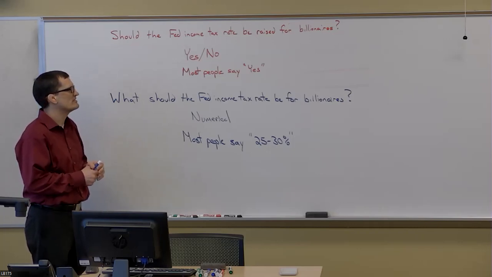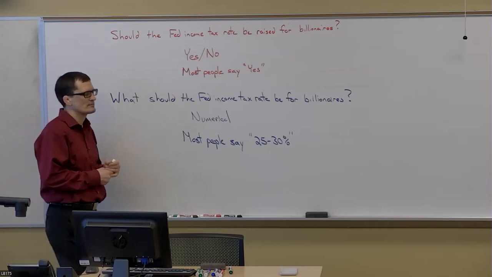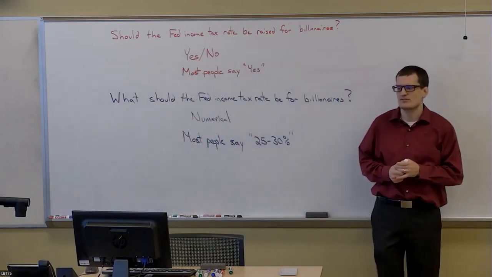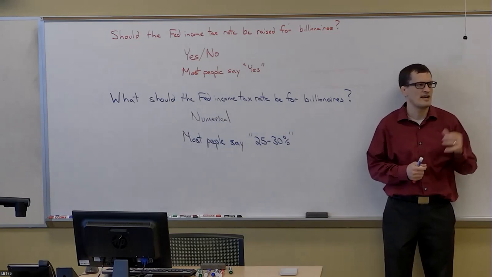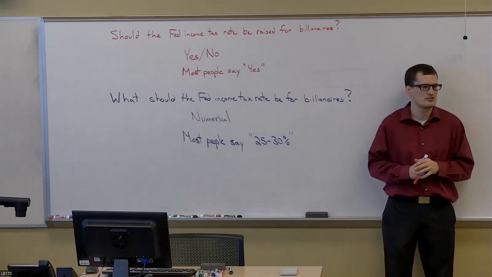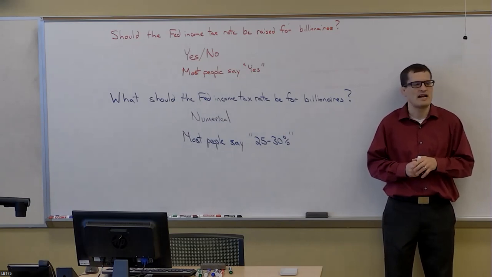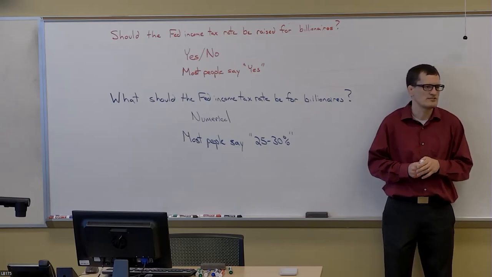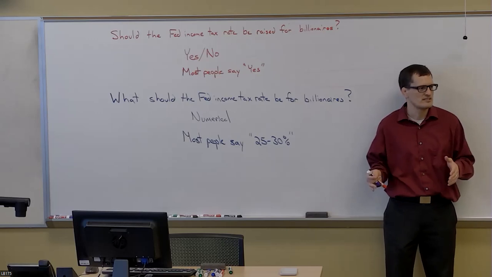And probably the same thing would be true if you ask, for instance, do you approve of the job that the president of this college is doing? Yes, no. And then if you ask something like, if you rated the president of this college on a scale from 0 to 10, what would you rate the president?